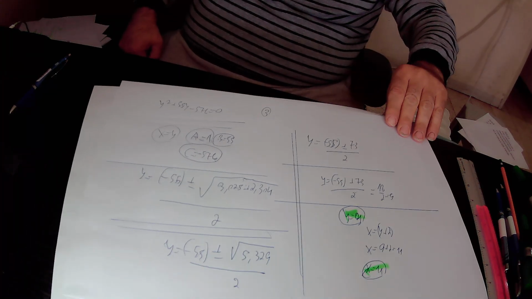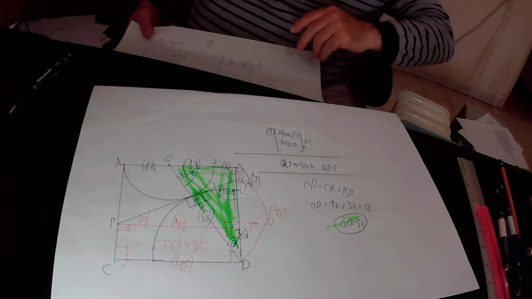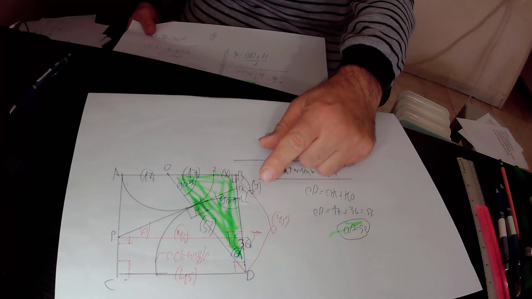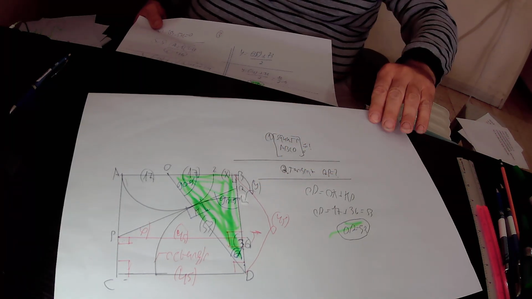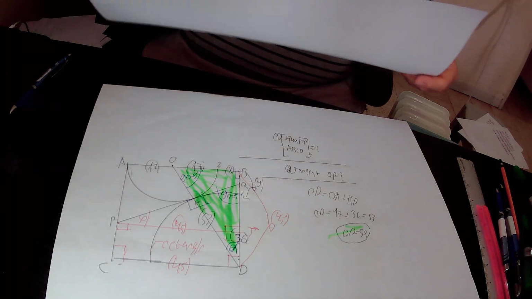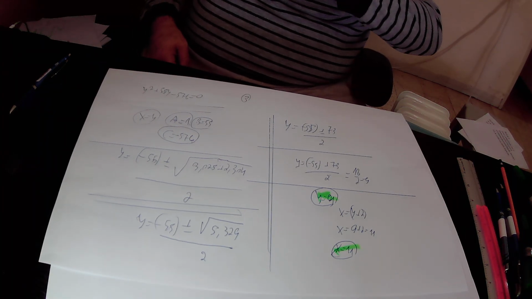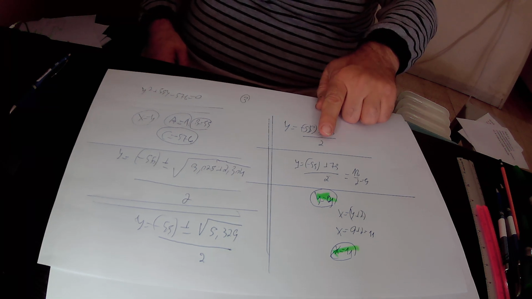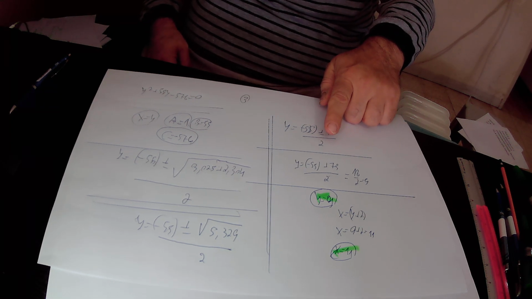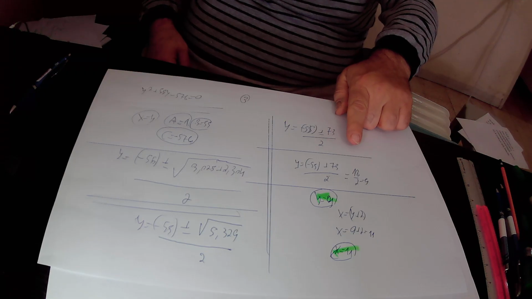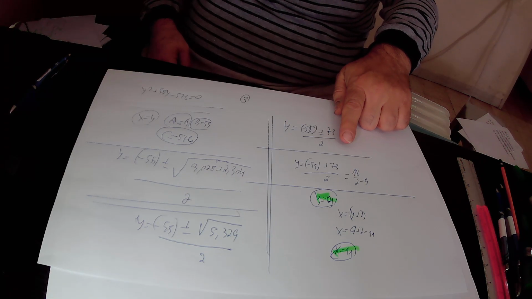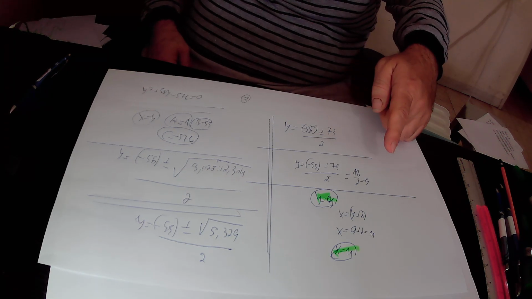Because y is a length, it must be a positive number, so here we take only the positive solution for y. The positive solution is y equals minus 55 plus 73 over 2. Minus 55 plus 73 is 18, and 18 over 2 is 9.